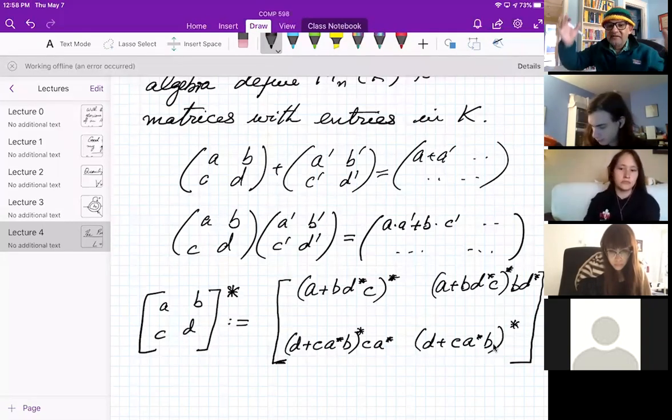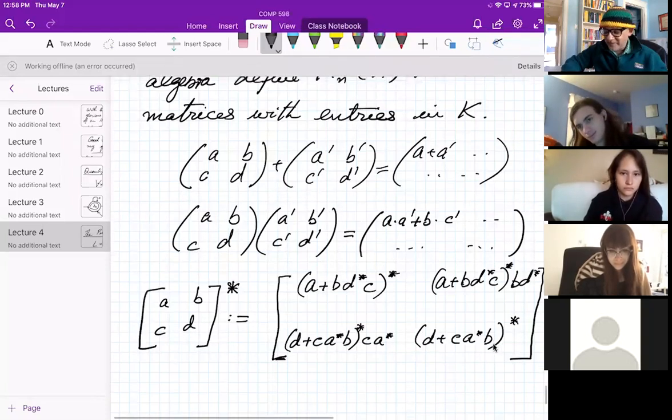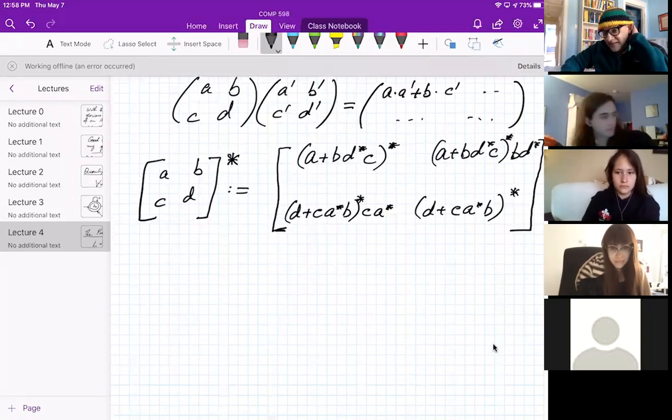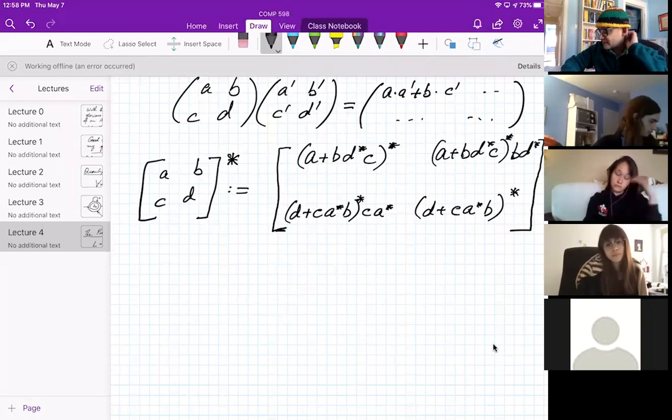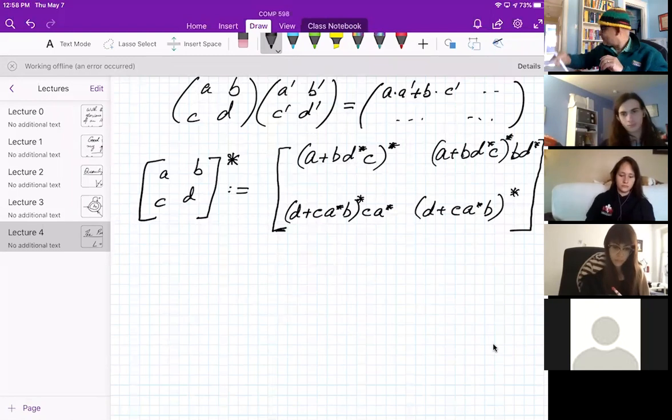Now this seems like we cooked this up by black magic. So you can actually verify with a lot of painful calculations that I'm not in the mood to do, that all the relevant axioms for Kleene algebras are satisfied. But the way Dexter Kozen likes to explain this is he says, if you stare at the following, what he calls a mandala.